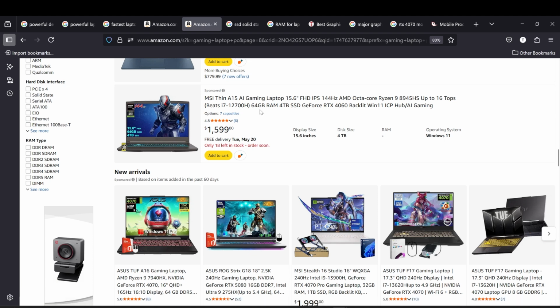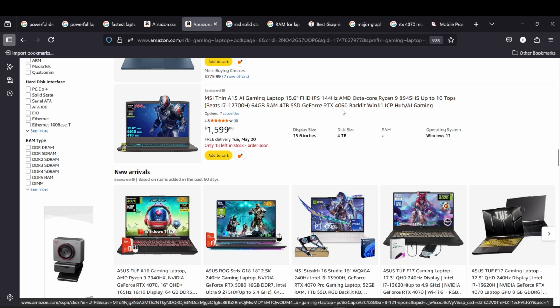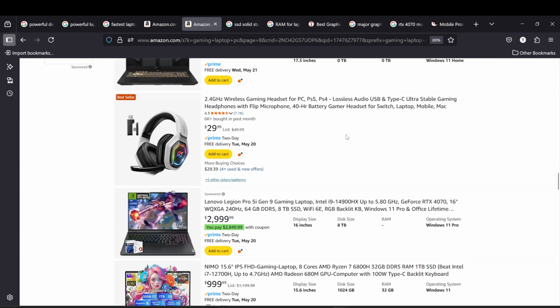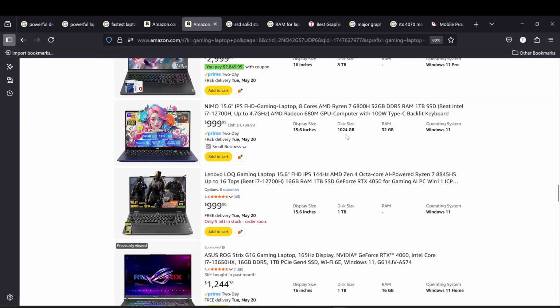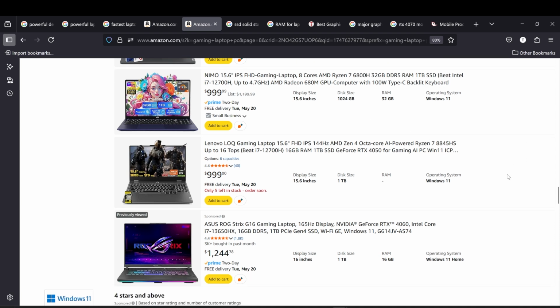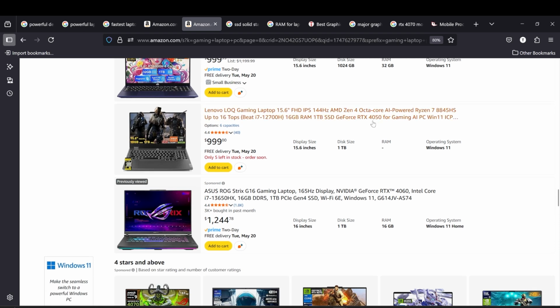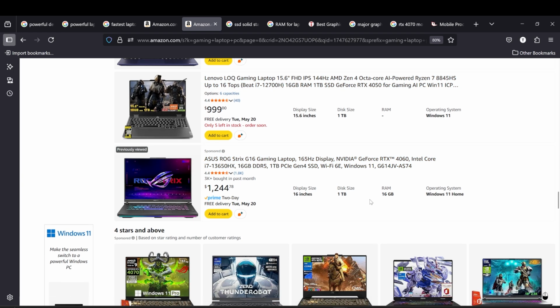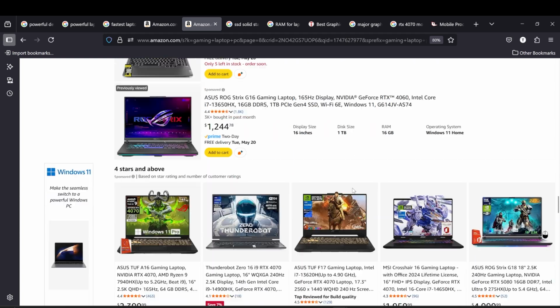So 64 gigabytes of RAM, 4 terabytes of hard drive, and 4060. I would go with a little bit higher than 4060, as I explained before. Probably 4070, which lasts longer for a few more years. 4050 is a little bit too low for the time being.